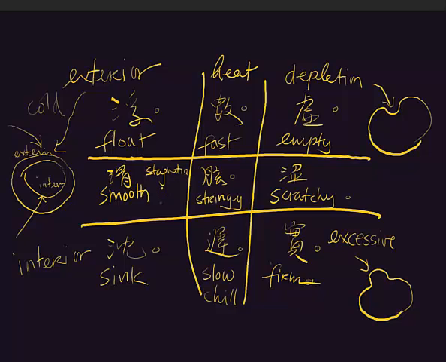The smooth pulse is actually a stagnation of food. And for women, it is also a pulse of their cycle. And in a very special case, it is also the pregnant pulse.